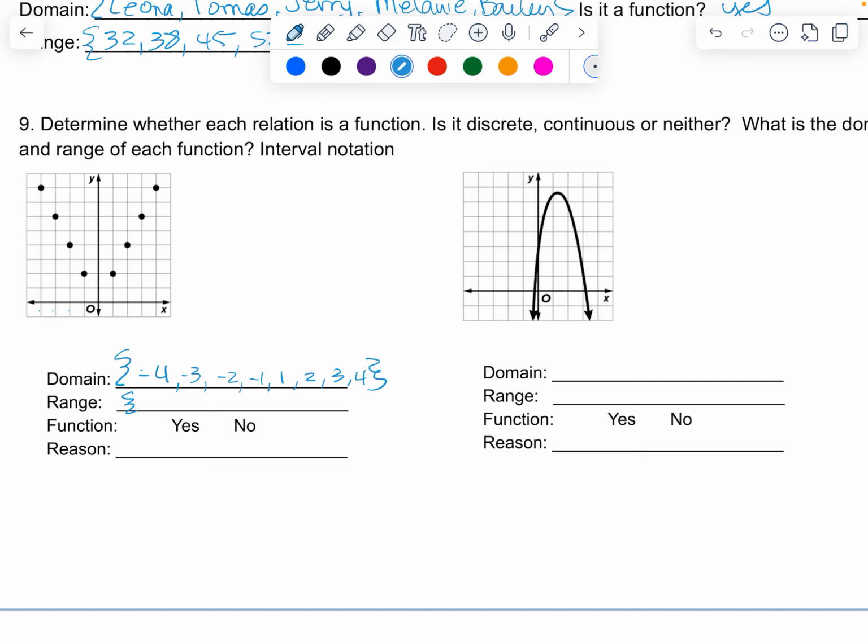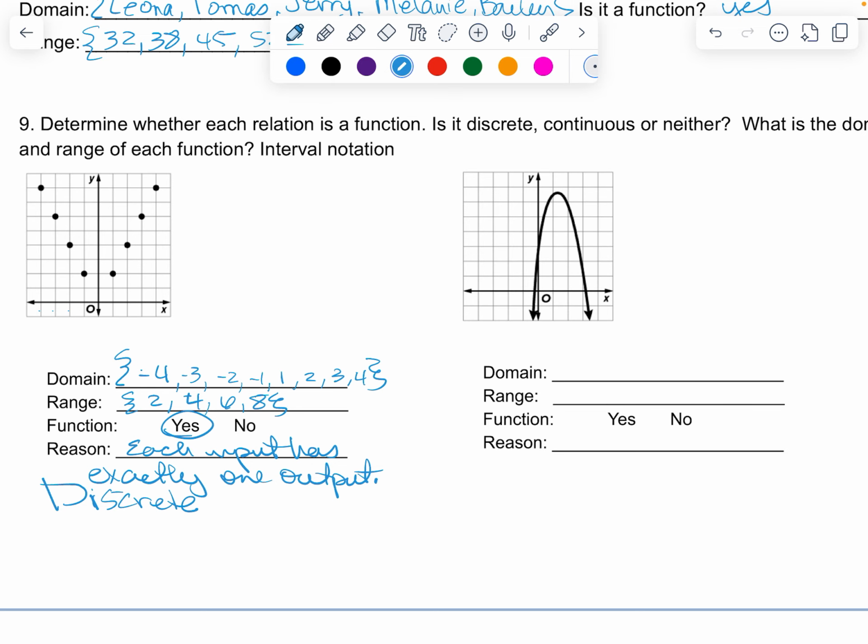The range is 2, 4, 6, 8. Is it a function? Yes. Each input has exactly one output. And I forgot the other things. I forgot discrete. Oh, helps if you know how to spell discrete.